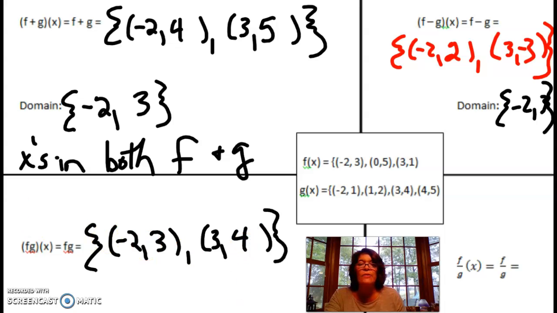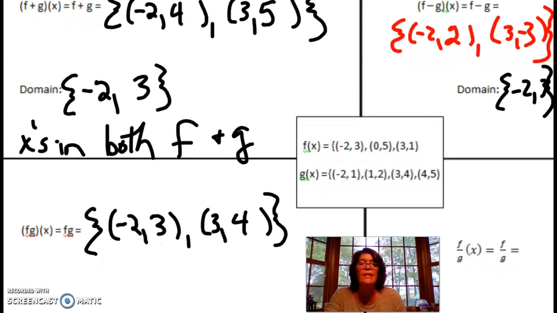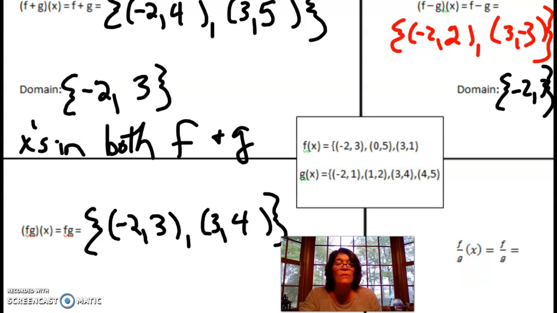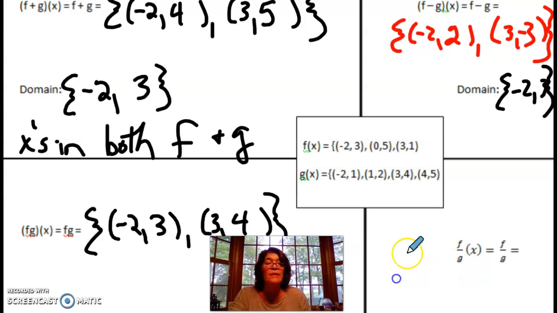Okay, now I do have to be careful with the domain of F divided by G. I think it's -2 and 3 as long as I don't have 0 as the y coordinate for either one, which I don't. So luckily enough, I can say that F divided by G of X is -2.